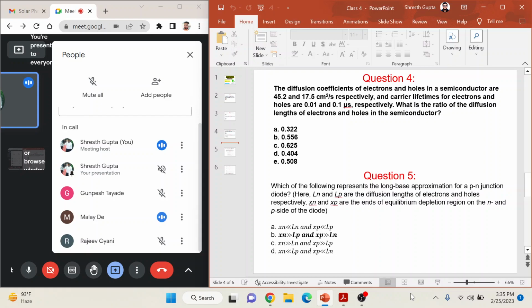What is the ratio of the diffusion length of electrons and holes in a semiconductor? Remember, we are trying to find the ratio of the diffusion length of electrons to that of holes. This is also a formula based question directly. It has been taught in the class. So give a try. I'm giving you 4 minutes. I'll tell the solution at 3:40.